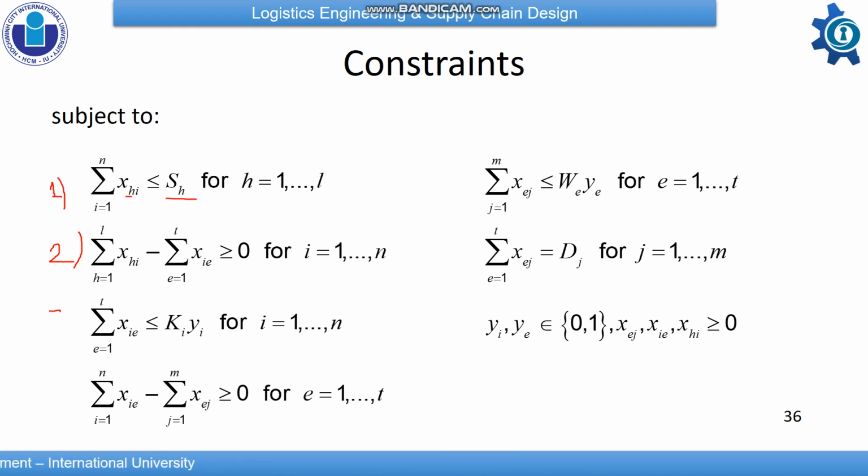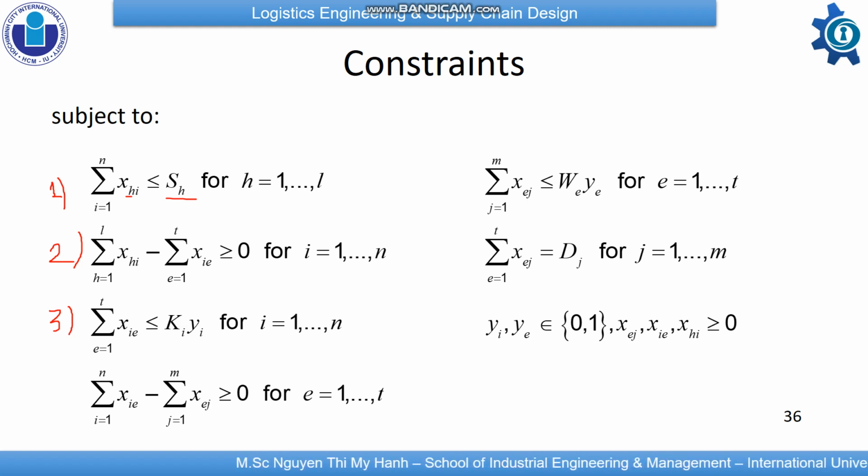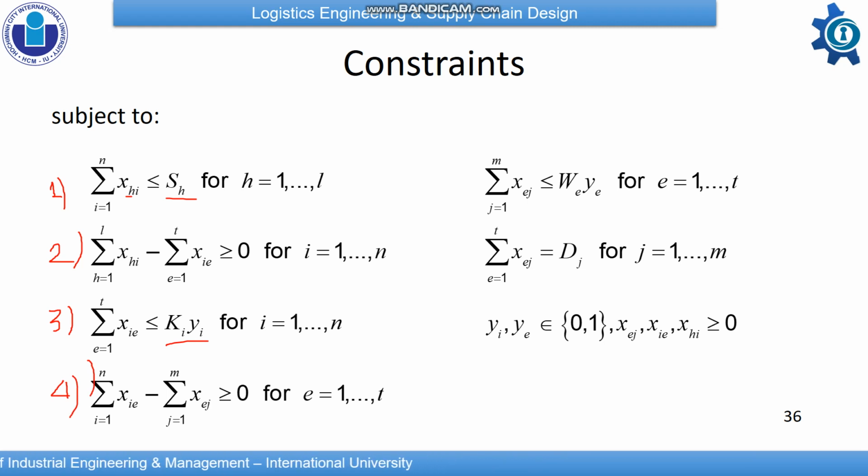Okay, constraint 3 is the amount produced in the factory cannot exceed its capacity, right? Constraint 4 is that the amount shipped out of the warehouse cannot exceed the quantity received from the factory.